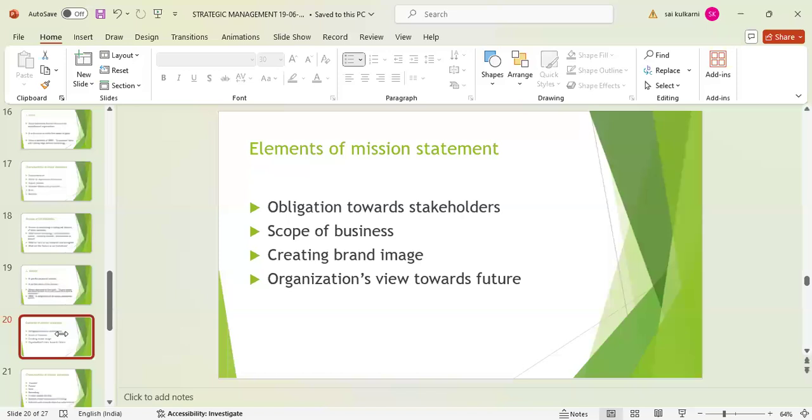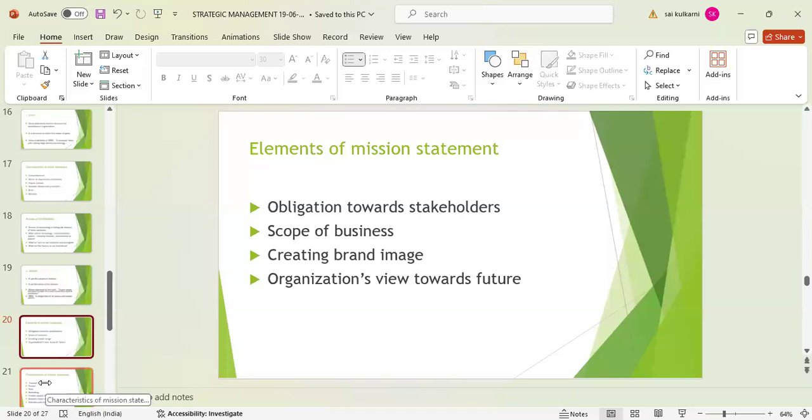So the mission statement can create the brand image of the organization. The next one, the organization's view towards the future. It is very true that the mission statement is related to the present activities, but it also directs toward the future. In the future, what we will achieve with our task force is also clarified in the mission statement.